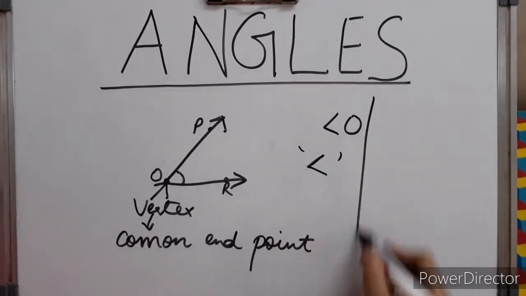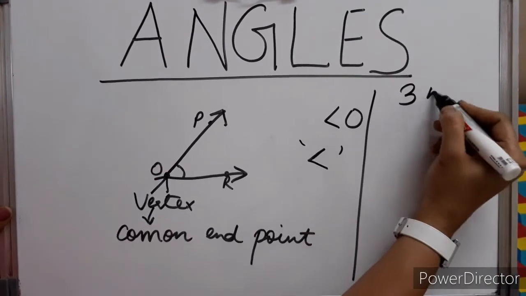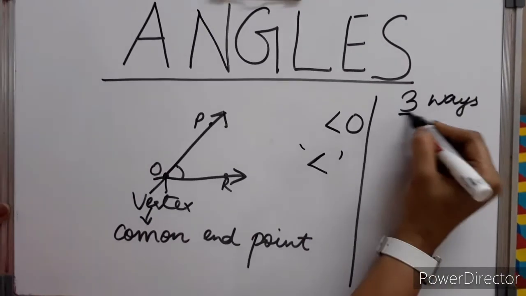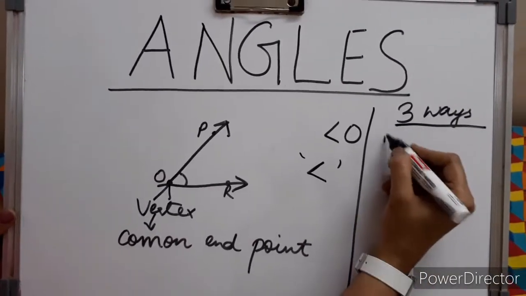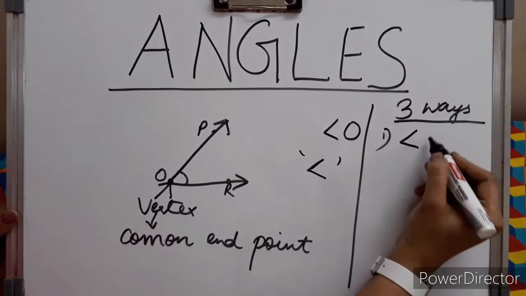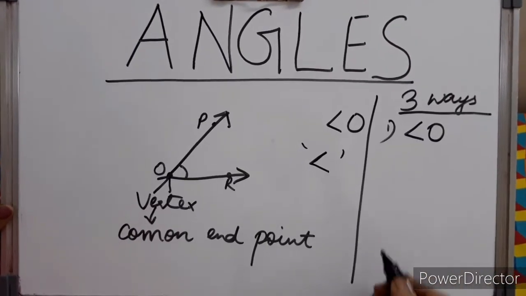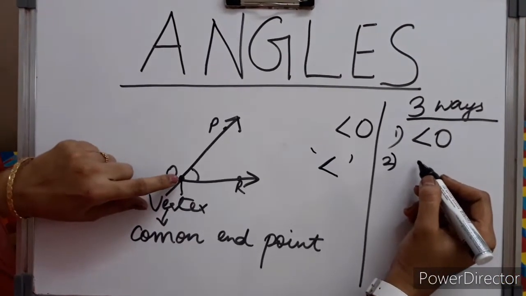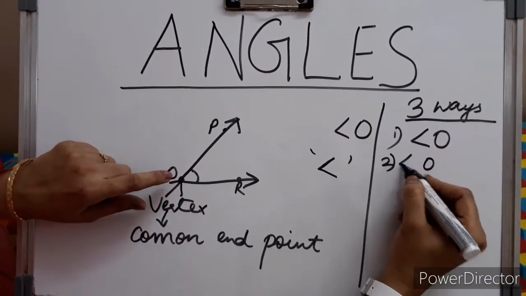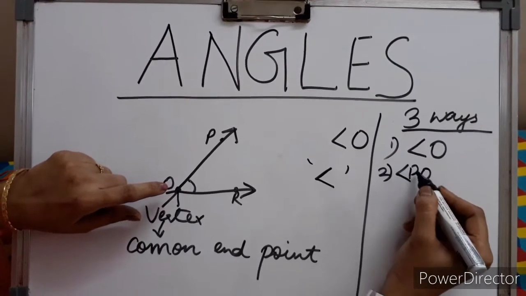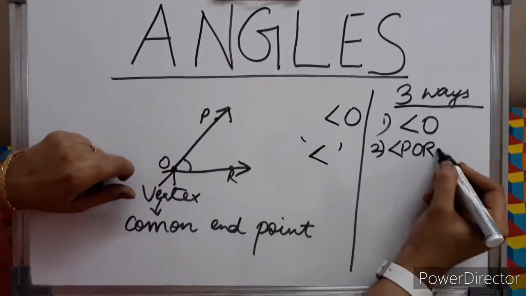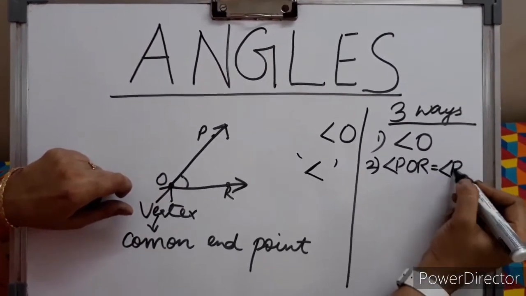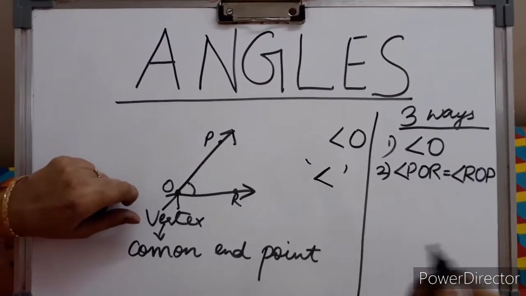Now there are three ways to represent angles. What are these three ways? First is the common endpoint, that is angle O. Second, we keep O as the center and write the other symbols like angle POR, which is equal to angle ROP.